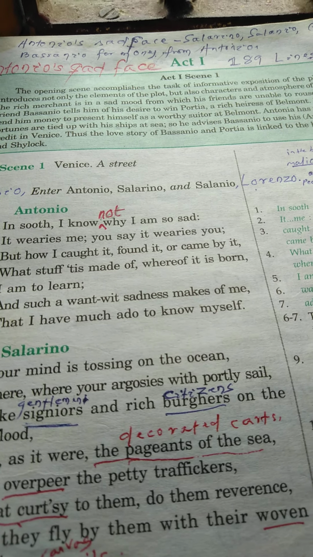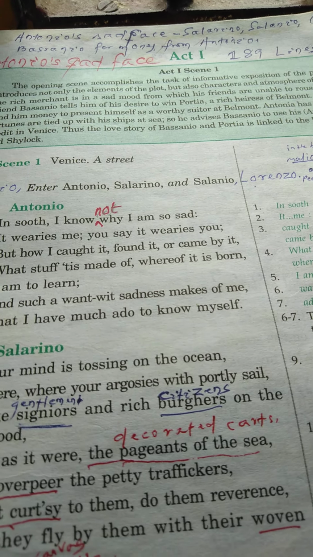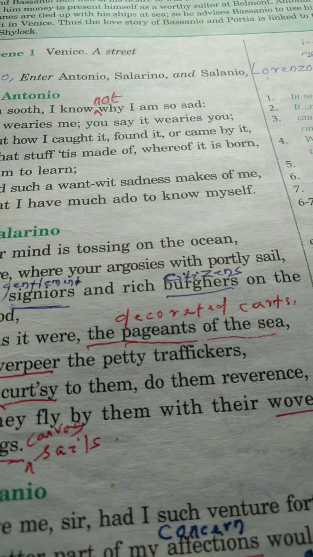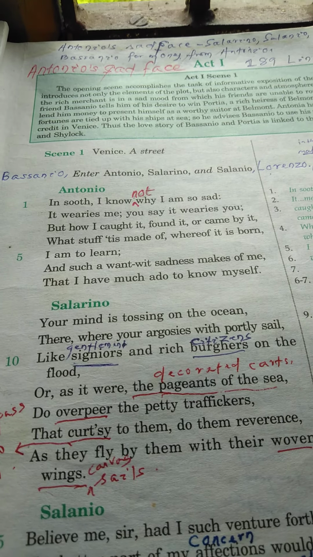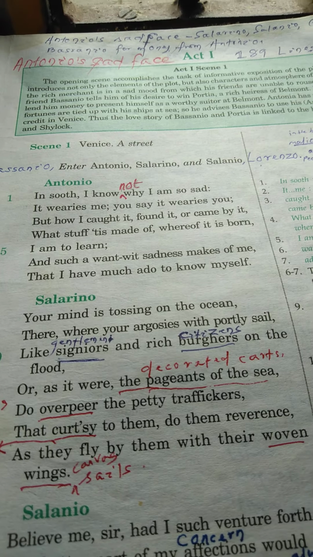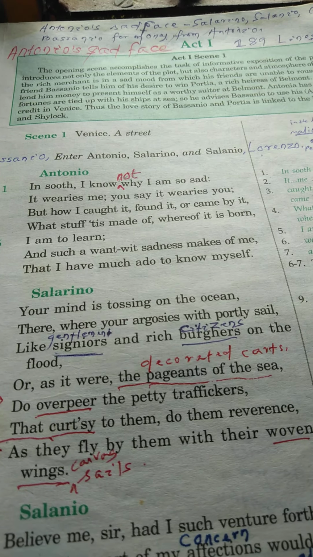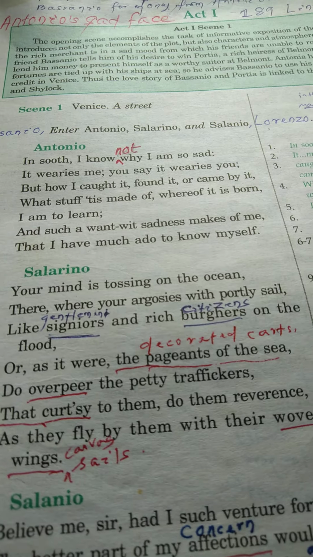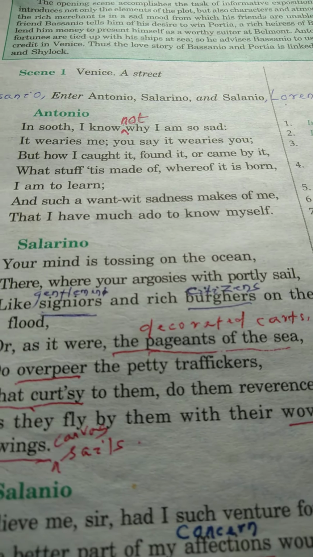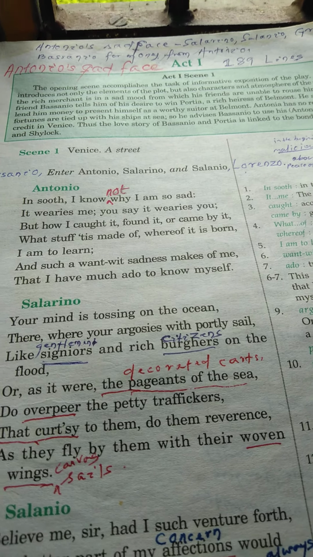Further, Salarino describes Antonio's Argosies, or big ships, as decorated carts. Why carts? In the 16th century, all gentlemen used to move from one place to another on horse carts, and those carts pulled by horses were decorated with flowers and such other things.